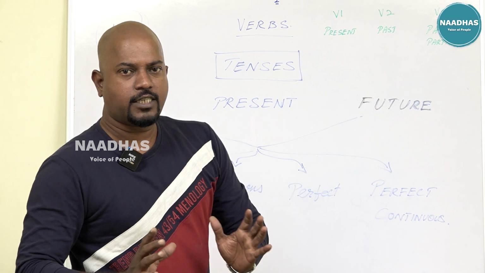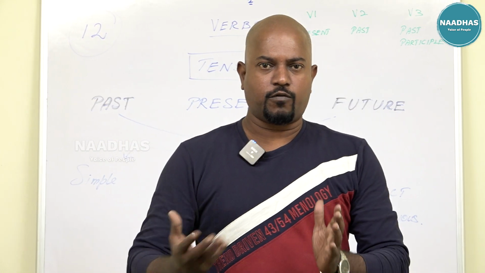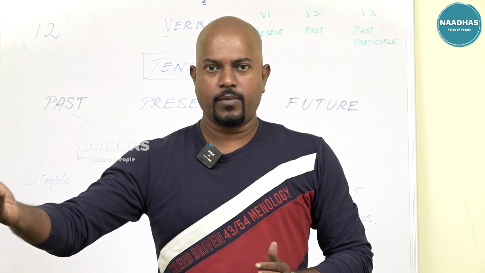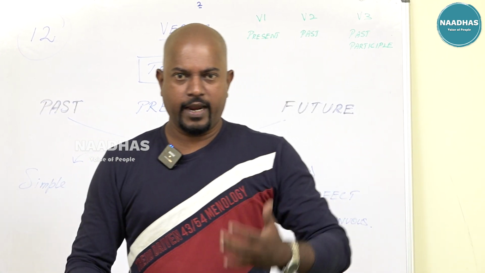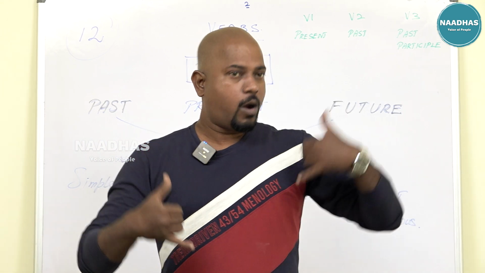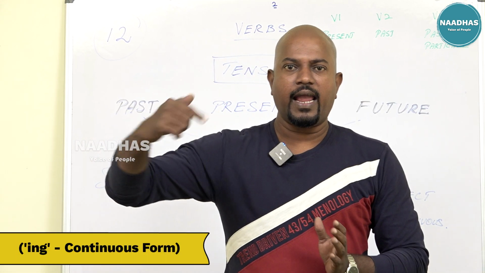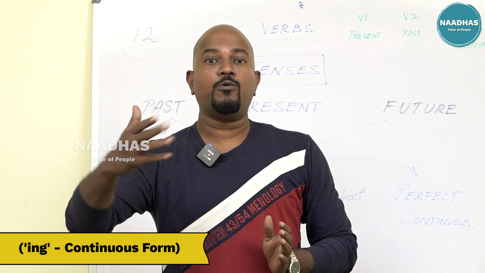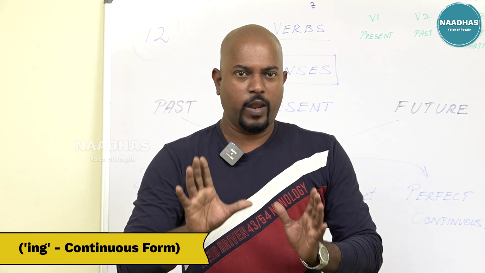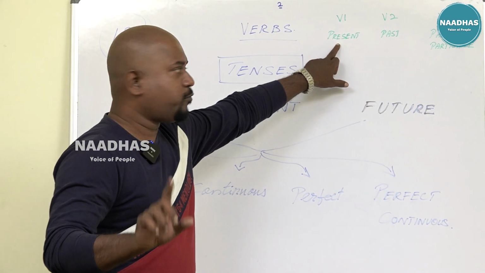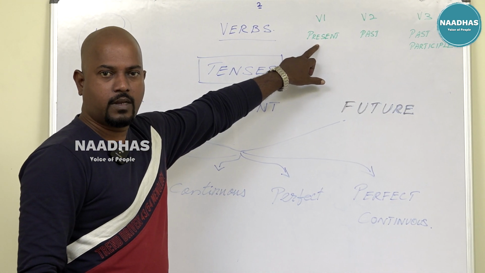Another important thing is the continuous form, which means the ing form: run, running, walk, walking, read, reading, call, calling. All the words which end with ing are the continuous form. So we always use the continuous form with the first verb, the present form. Clear?